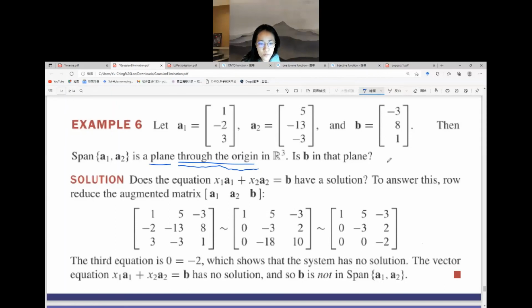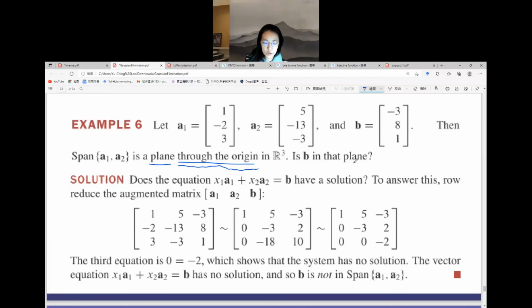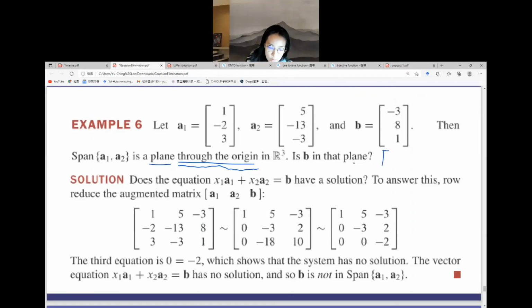Then the question asks us if b is in that plane. So we can use the linear combination: basically we're collecting a1 and a2 times x1 and x2 equals b. Is b in that plane? Now we can use the result: if b is in the span, that means the system has a solution.